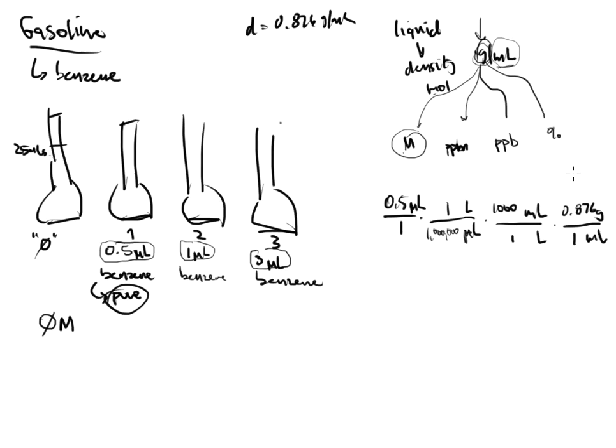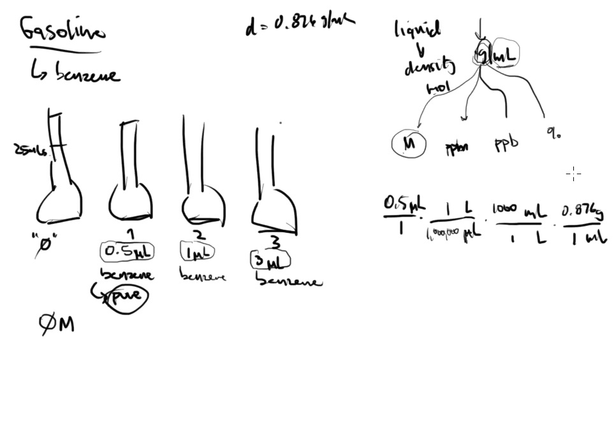I can convert my gram to milligram, look at the total volume that I've made to calculate part per million. I can take the gram, convert it to microgram, look at the volume that I've made, and convert that to parts per billion. I can take my gram and keep it as gram, divided by the volume in milliliter, and that will give me percentage.